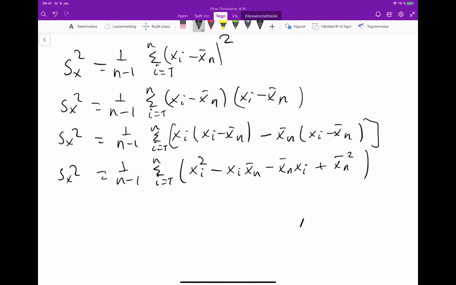And now I will let the summation sign get inside the parenthesis, which is allowed. So then I get this.